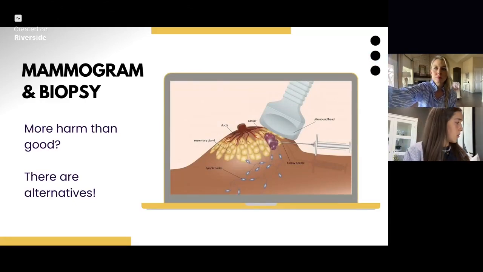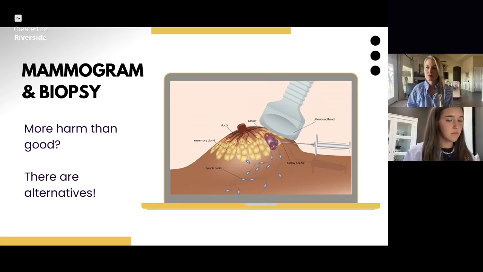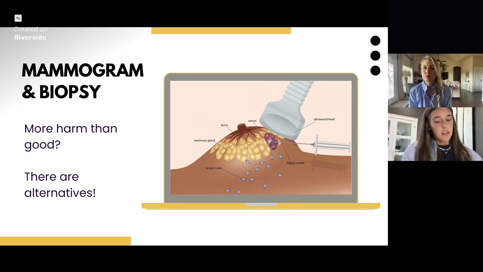I will just read what I have written down here. It says mammograms: more harm than help. Mammograms can cause cancer themselves. That's right. You walk into your mammogram appointment cancer free and walk out with cancer growing in your body. Why? Simply because an x-ray is ionizing radiation and a cause of cancer, by mutating and damaging normal cells.